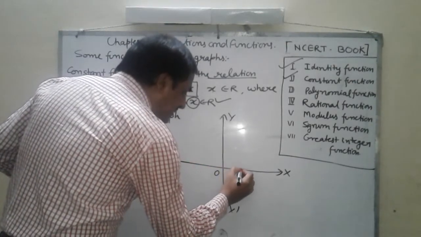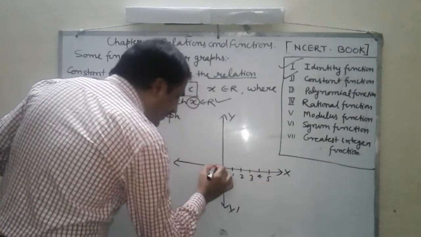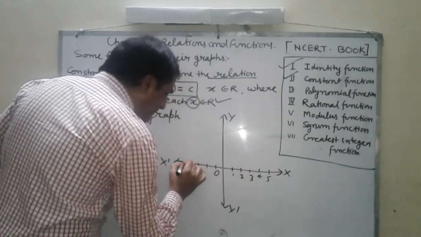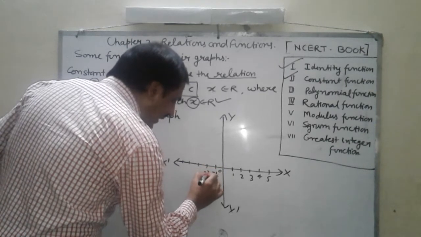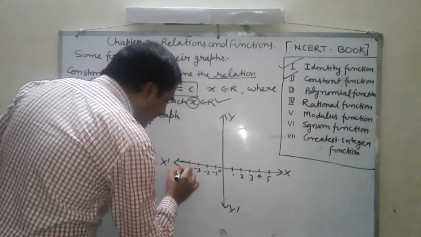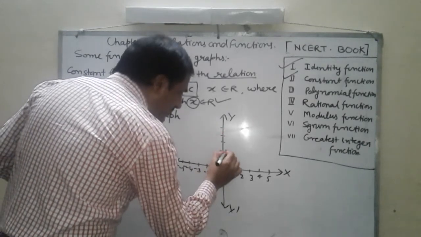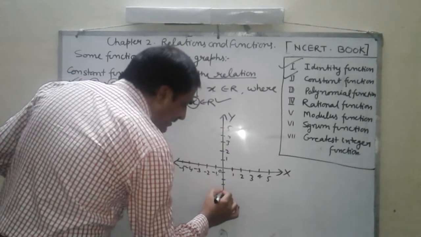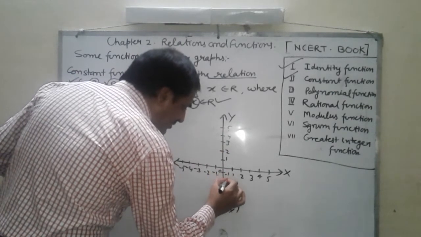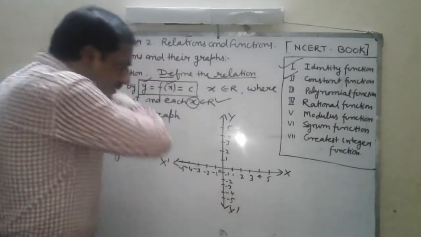Suppose the axes are marked 1, 2, 3, 4, 5 and minus 1, minus 2, minus 3, minus 4, minus 5.